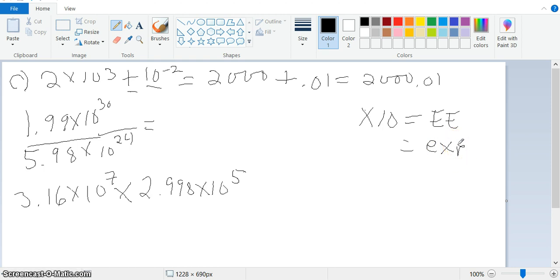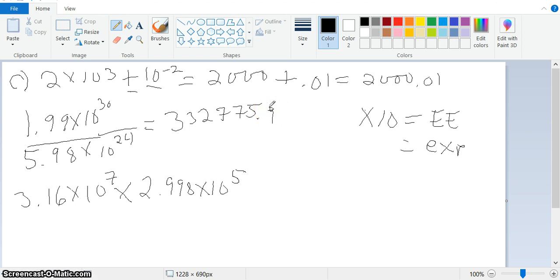All right, so this is done correctly. 1.99 times 10 to the 30th divided by 5.98 times 10 to the 24th comes out to be 332,775.9.